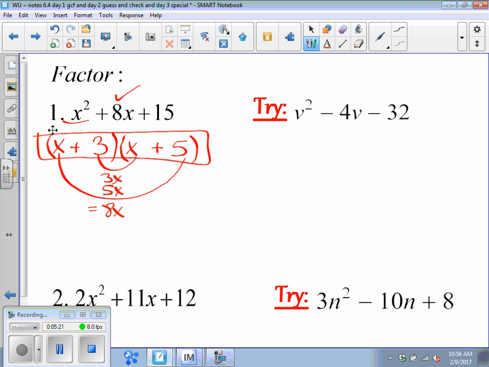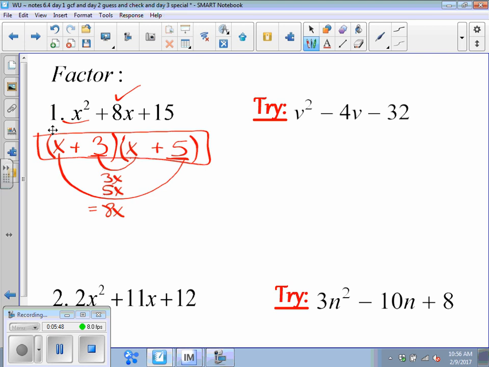I will tell you this. In order for my last terms to equal a positive number, when I multiply this number times that number, if it has to equal a positive number, I may not know what those signs are going to be, but I know that they're going to be the same. Because when you multiply two things, if it equals a positive, then they either both have to be positive or they both have to be negative.